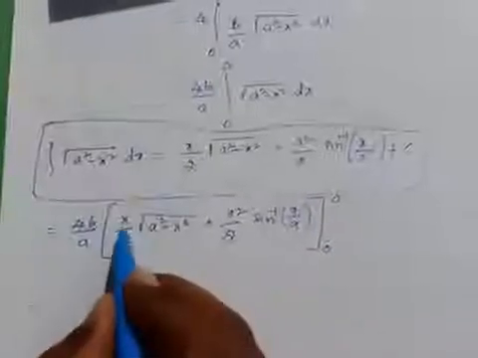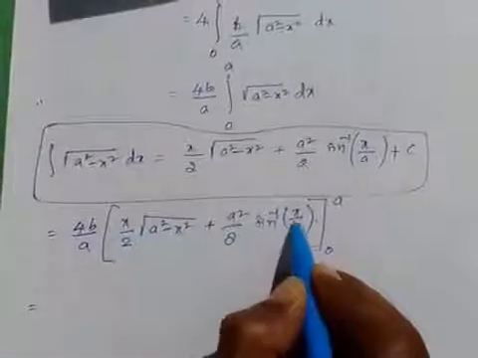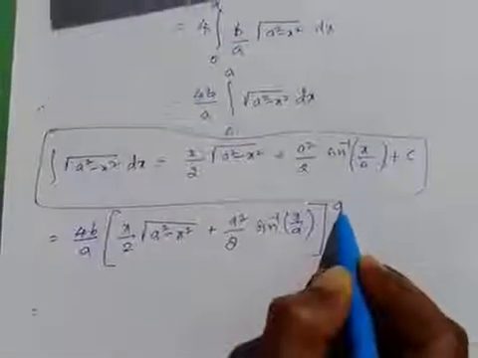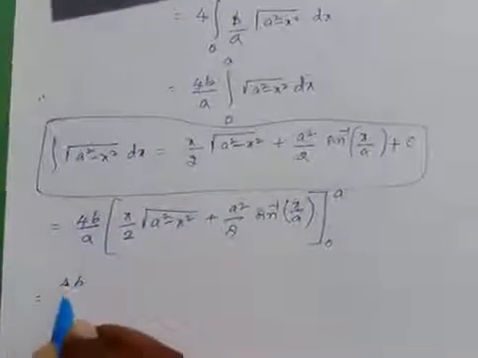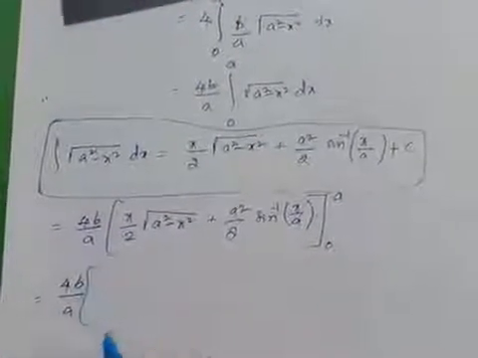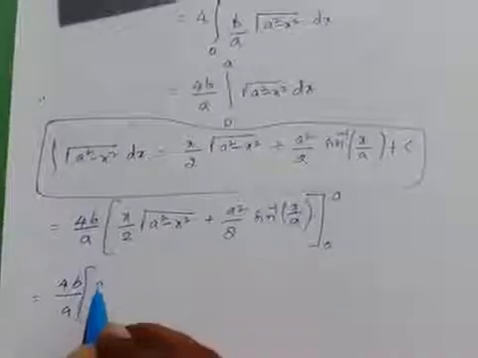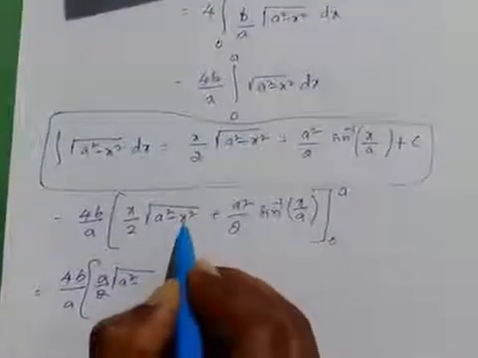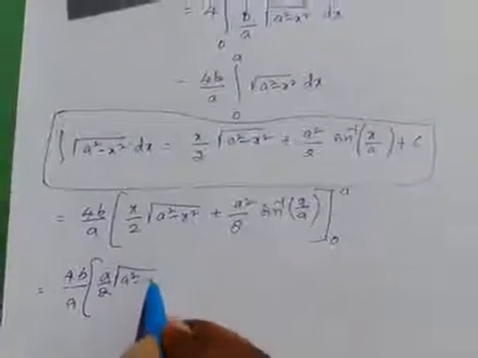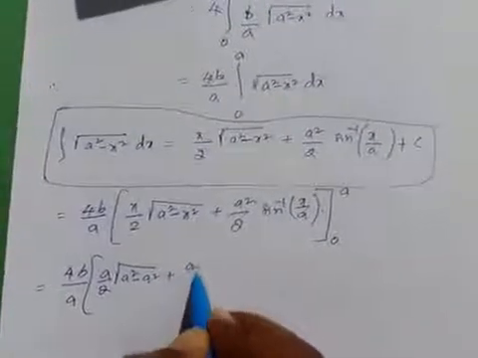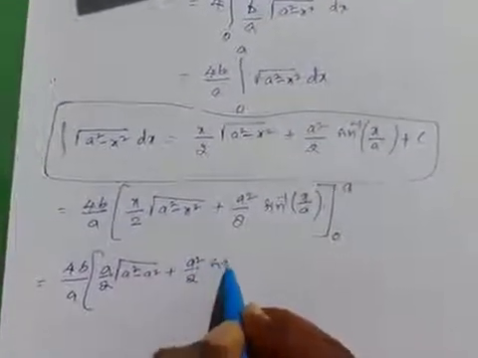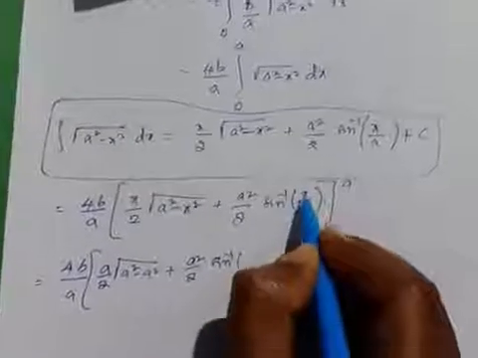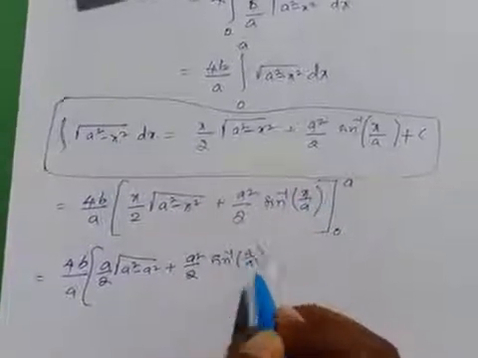Now substitute in x place a, the upper limit value. 4b by a into a by 2 into under root a square minus x square, it is a square, plus a square by 2 sine inverse of x value a by a.